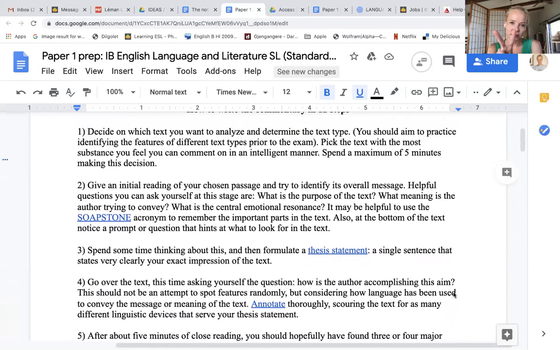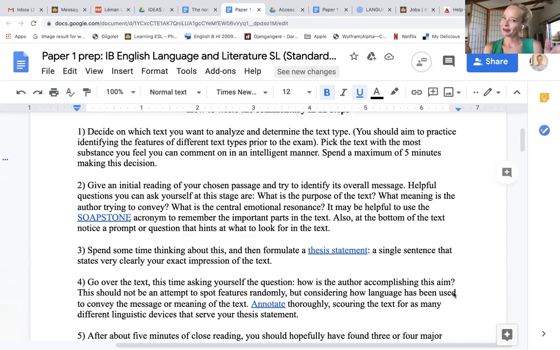You have two choices, and they're probably going to be two different text types. They can be anything: an instruction manual, a poem, just an image, an advertisement, a travel blog. You name it, any type of text. A good idea would be to practice with text types a little bit to identify some of the features of different types of text prior to the exam.